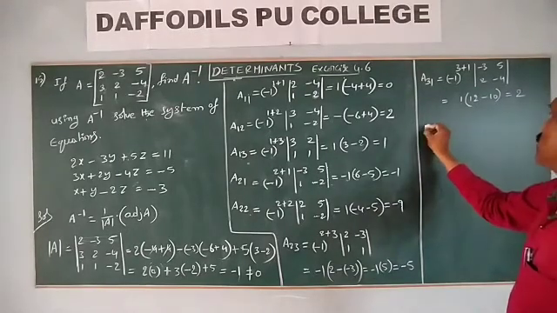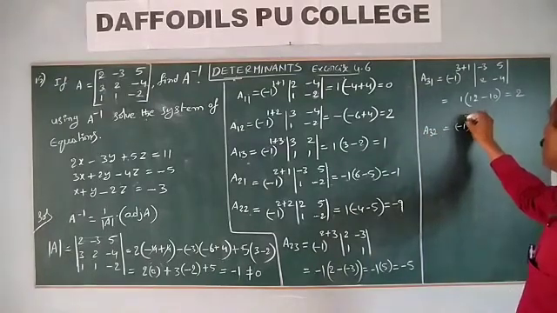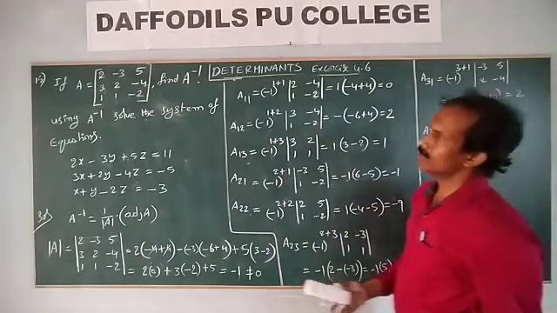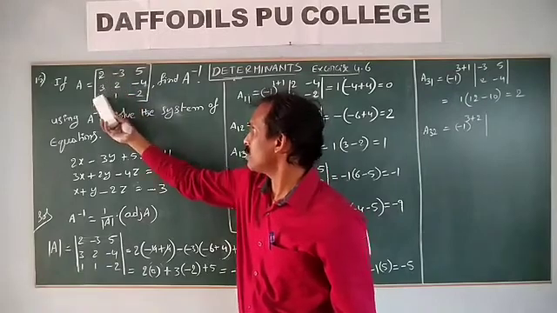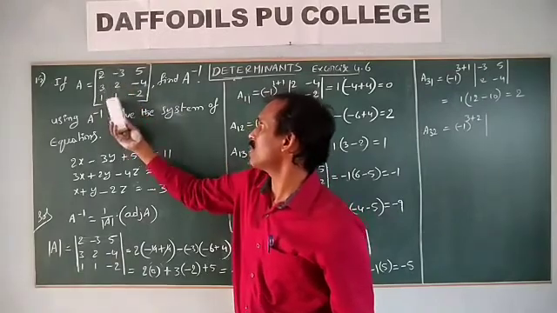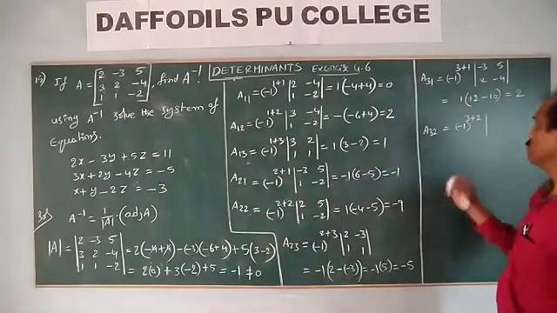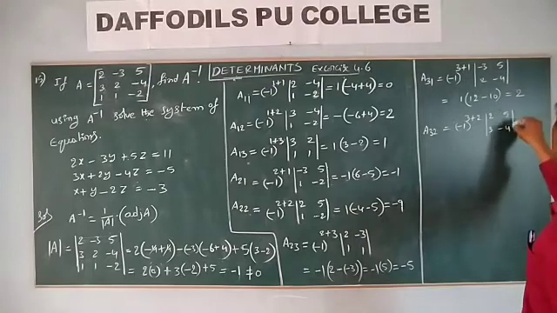Next, A32. Minus 1 to the power of 3 plus 2 and its minor. Deleting this row and this column. What are the remaining elements? 2, 5, 3 minus 4.